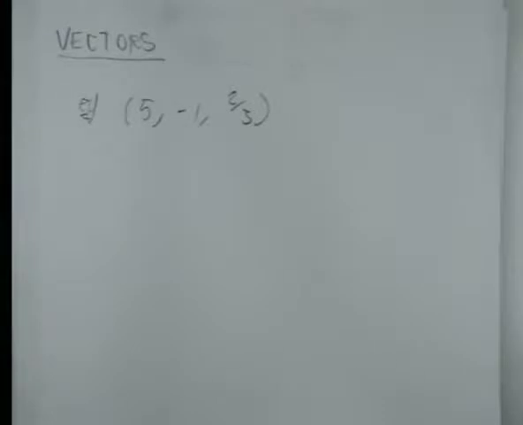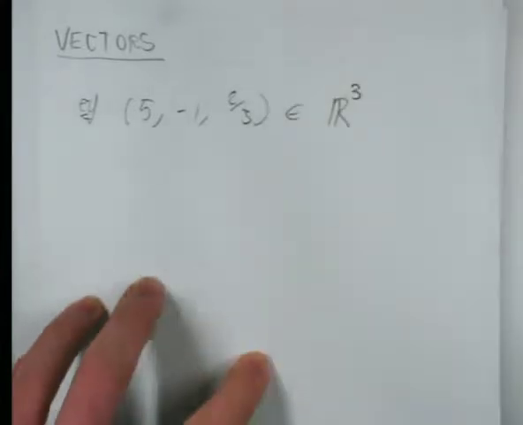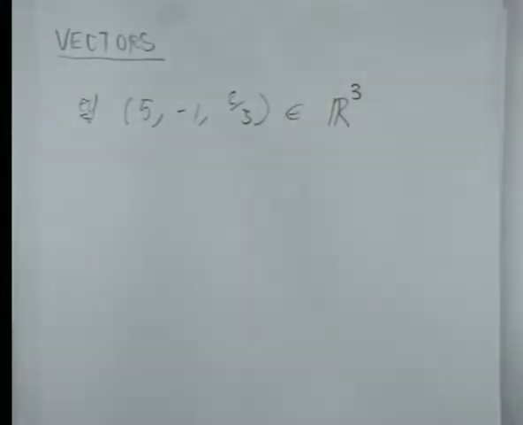And since those numbers are in the real numbers, we're making it from the real numbers, and there are three coordinates, so it's R3. Okay, so when we say R3, it means vectors with three coordinates, with the coordinates chosen from R. When we say R7, it's vectors with 7 coordinates, with the coordinates chosen from R. It is technically possible to say something like Z3, which is saying 3 coordinates, but the coordinates are chosen from the integers.